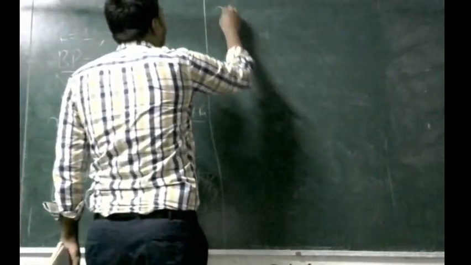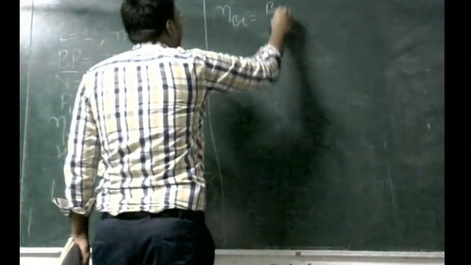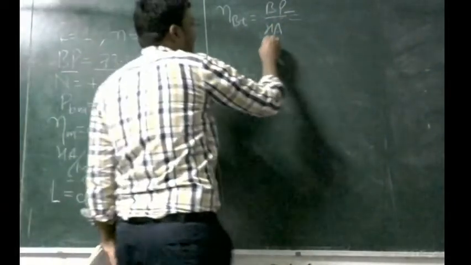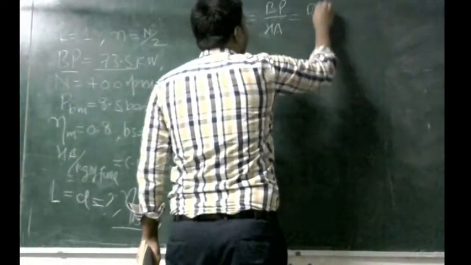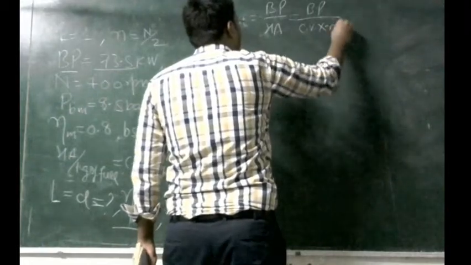So we know the formula of brake thermal efficiency: eta BT is equal to brake power divided by heat addition. We know the value of brake power; it is given here. What is the value of heat addition? It is equal to calorific value into mass flow rate of fuel.